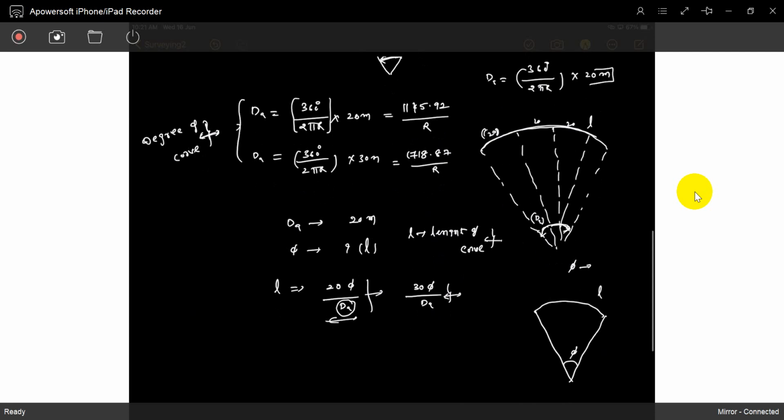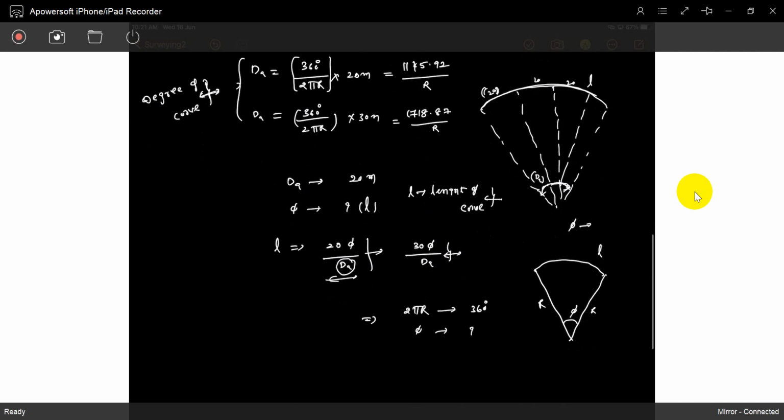This is phi. So how can we directly write it? For 2 pi R, it is 360 degrees. For phi, how much?